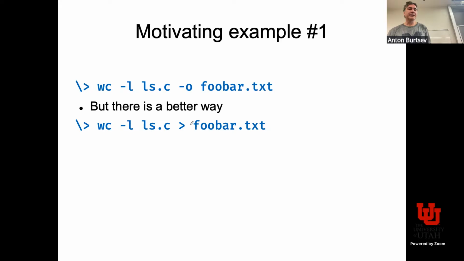This operator will be redirecting output into a file, and the program itself doesn't have to be changed at all. It doesn't even know where the output is going. It doesn't need a new argument like -o. It's just that the shell itself sees this symbol, parses it, and says, okay, I will redirect the output of that program into something else, right?